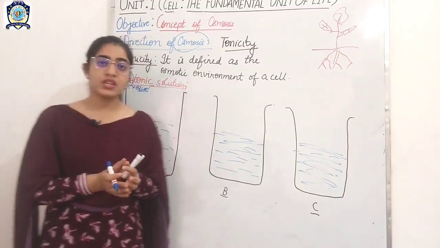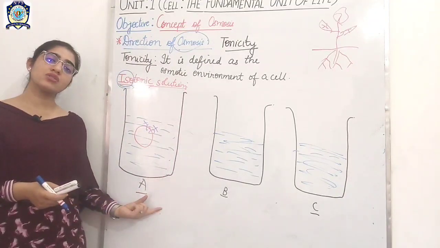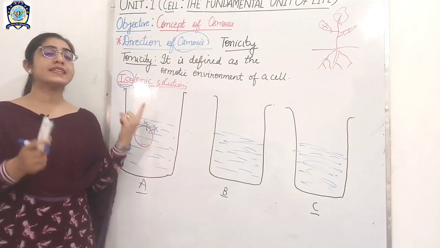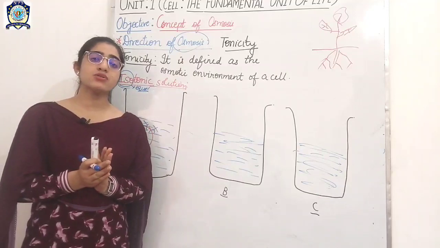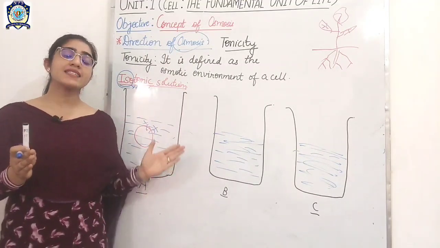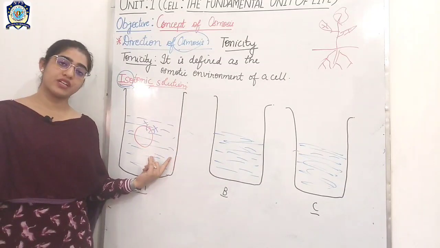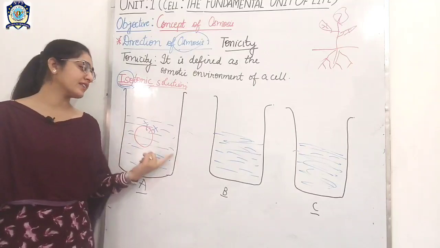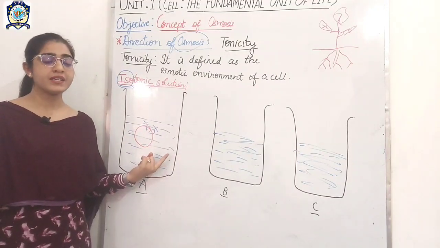So if we talk about the isotonic solution, what you will observe is that the cell and the surrounding solution have equal concentration of water, so there will be no net movement of water and the size of the cell will remain the same.